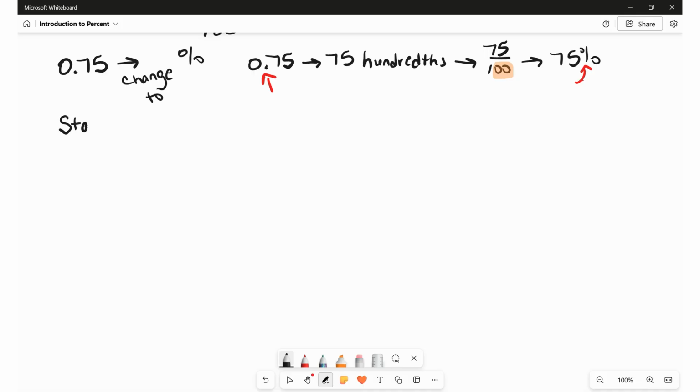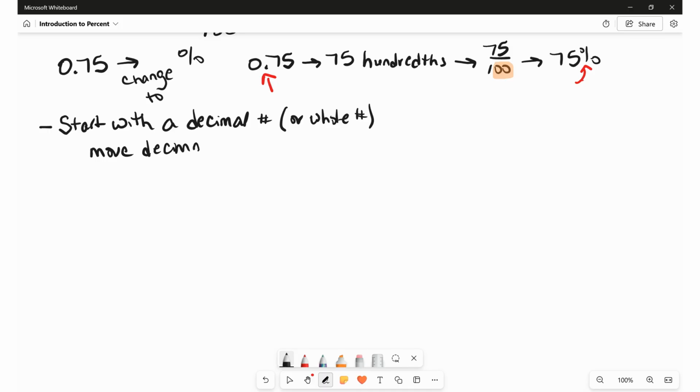If we start with a decimal number, or a whole number, which is also a decimal number, you move your decimal point two places right.